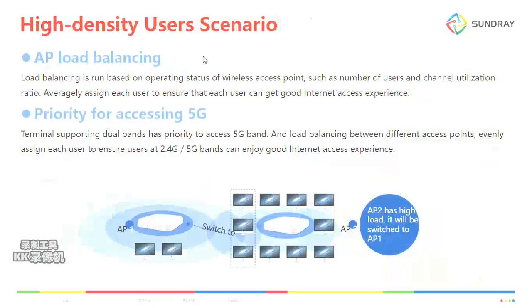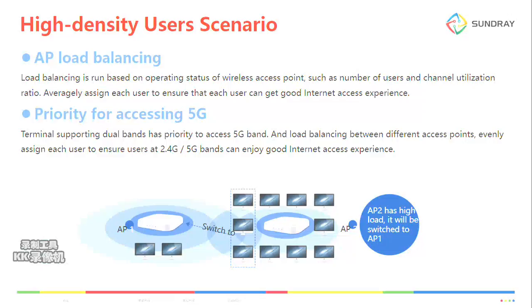And in the high density scenario we have the AP load balance, so we can set the group. It means that we control which access point the client will be roaming to, so the access point cannot roam the clients to a far away access point. Also, we have the priority for connecting to the 5.8 gigahertz signals.